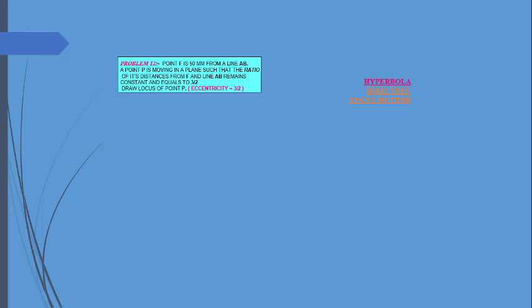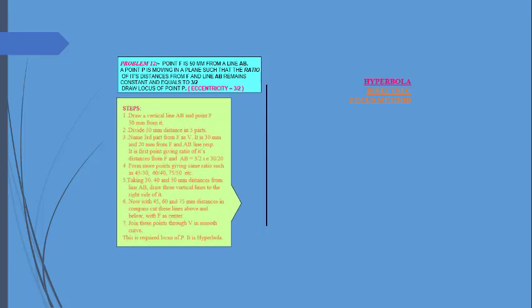I have told you that the eccentricity value will always be greater than 1 for a hyperbola, the same as in the cases of the above two problems, ellipse and parabola. Here for hyperbola, first of all we will draw a line AB, draw another line and take a focus on it and divide it into 5 equal parts.